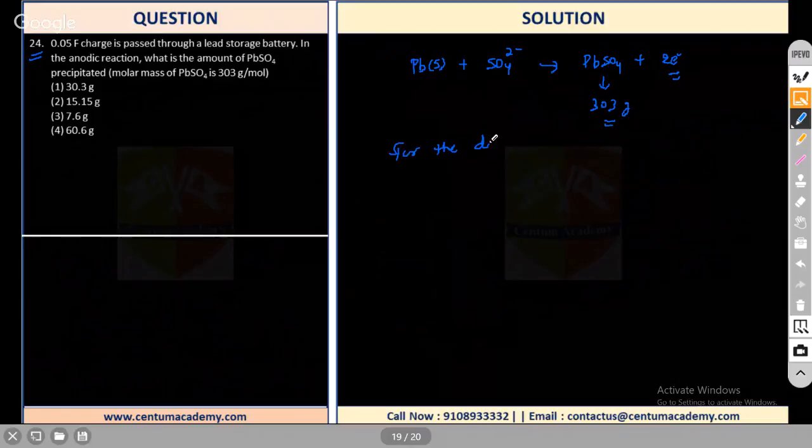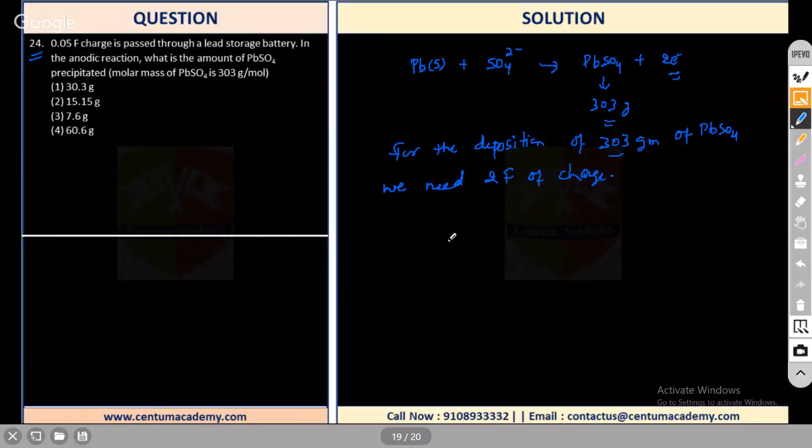for the deposition of 303 gram. Why 303 gram are we taking? Because it is the molar mass of PbSO4. For 303 gram of PbSO4, we need 2 Faraday of charge, because 2 electrons are going out.